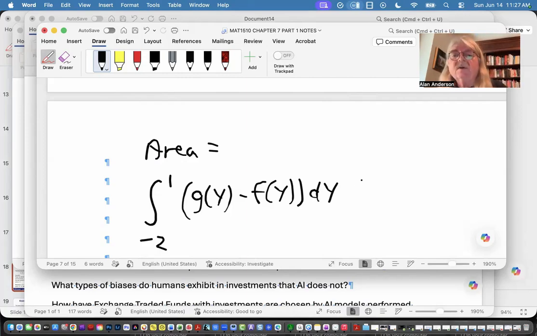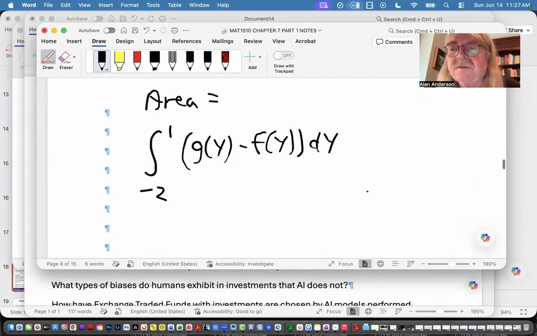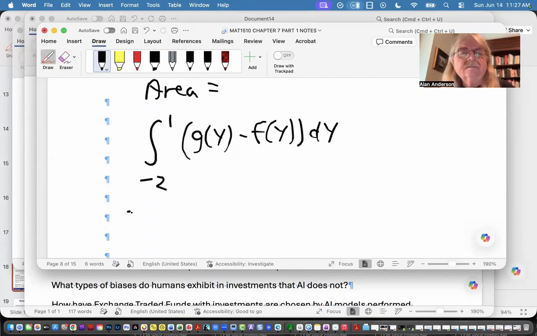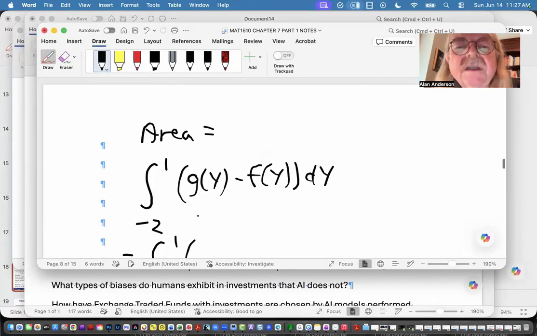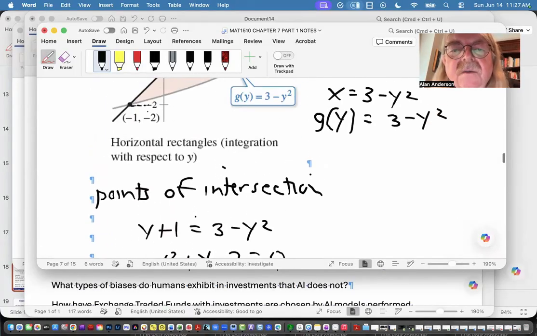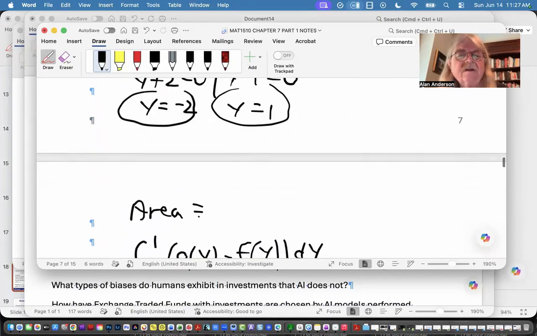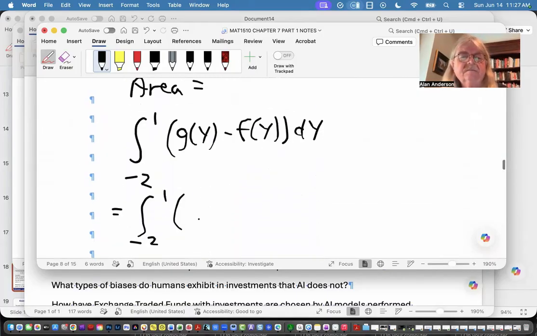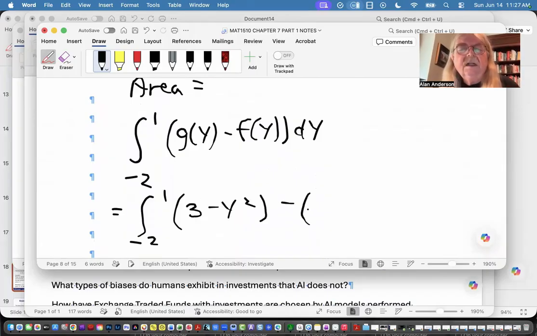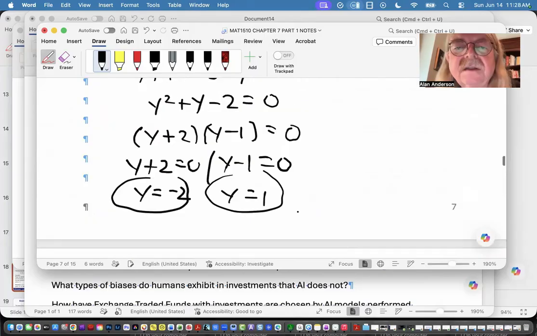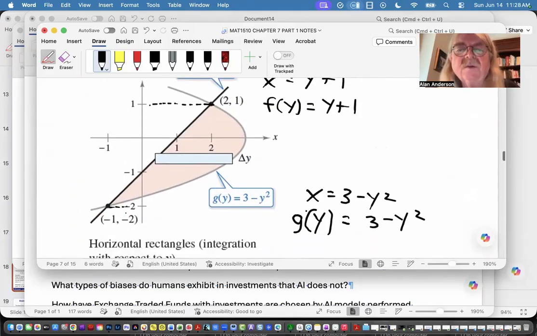It's not dx, it's dy. Okay, everything's in terms of y now. So g of y is, once again, 3 minus y squared. F of y is y plus 1.